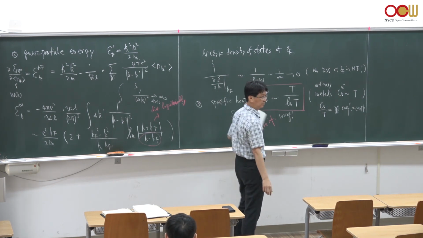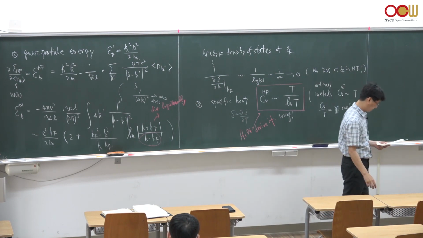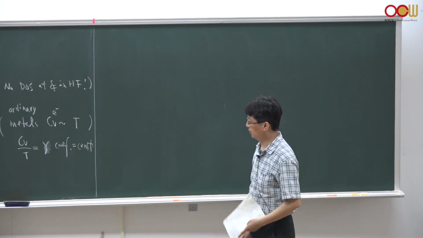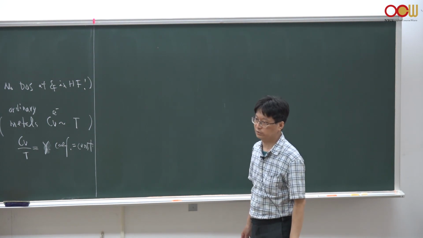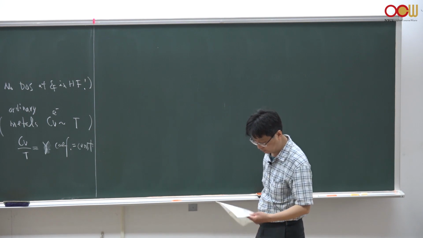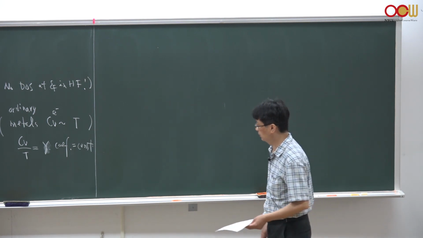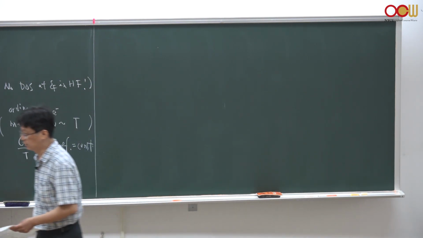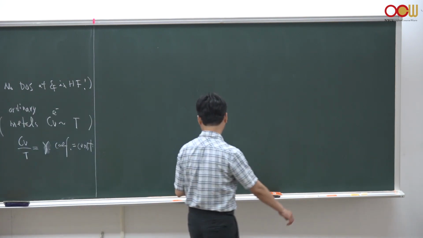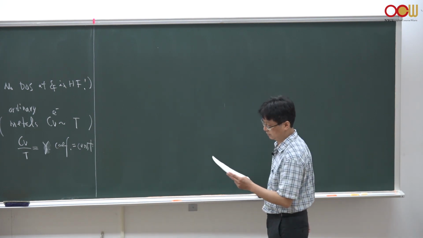You get some sort of a specific heat coefficient. So I guess that should be enough examples to demonstrate that this Hartree-Fock theory fails in all aspects. But still, it is a very good lesson to be learned at this early stage when we try to study the Coulomb interaction in ordinary metals.